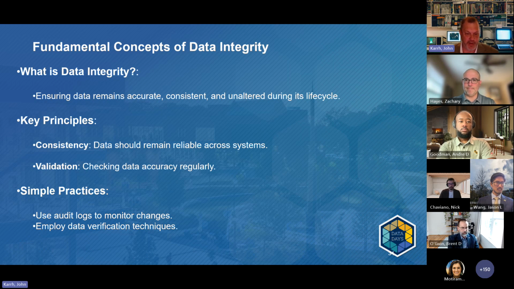And then it moves back down into those principles that data should remain reliable no matter what system it's in, and then it's checked for accuracy. Some of that accuracy check will be things like digital signatures. And again, I'm not going to get into the specifics of what we do unless somebody wants to talk more about that.